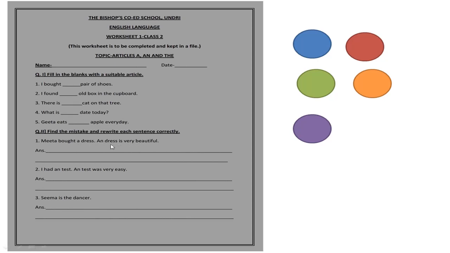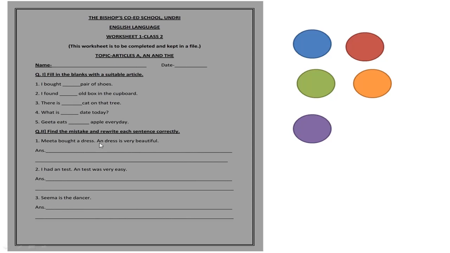So for the second sentence it becomes a particular one, right? Mita bought a dress, any one dress, right? And now we are talking about that particular dress. So in the second sentence it will be the dress. And "an" is wrong, right? Because this is not a vowel sound word.